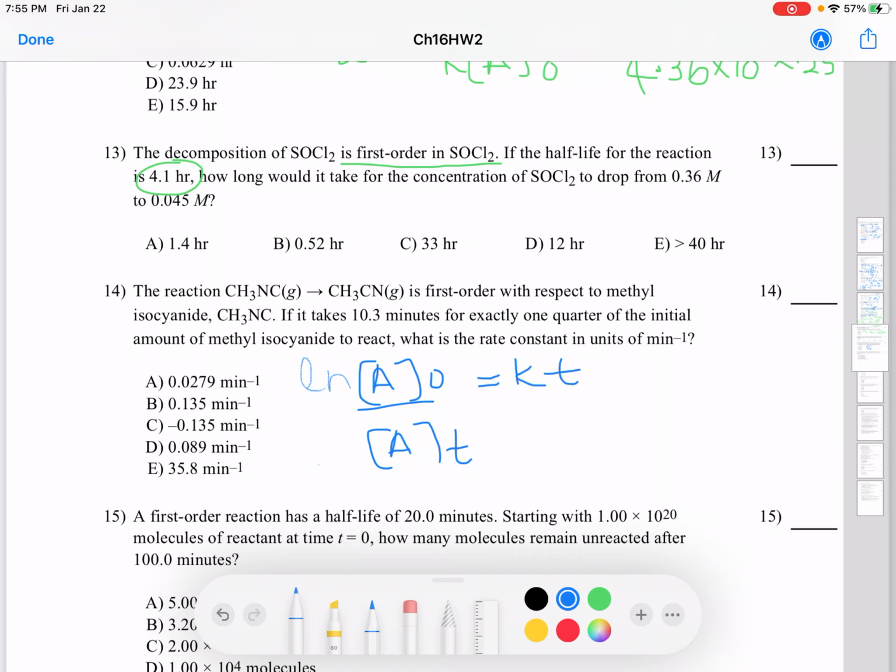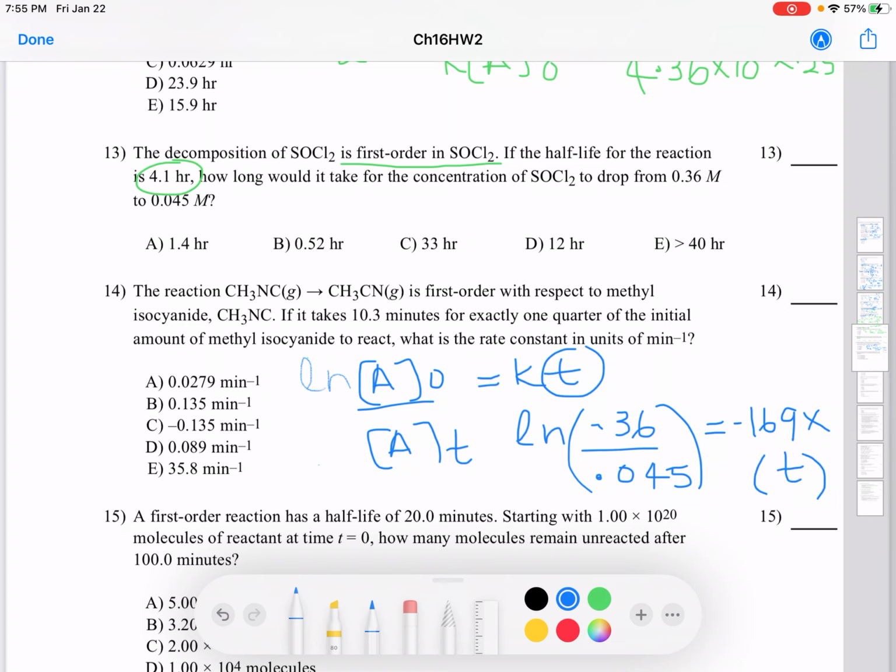How long? So we are trying to find t. It drops from 0.36 to 0.045, so ln of 0.36 over 0.045 equals k, which we found from the half-life, 0.169, times t. So t is what you want to find out.